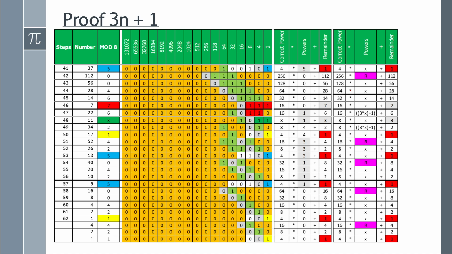Up until that point, with 5, right, when I do 5 times 3 and add 1, I get 16, and so 16 puts me at a number that is 1 bit.